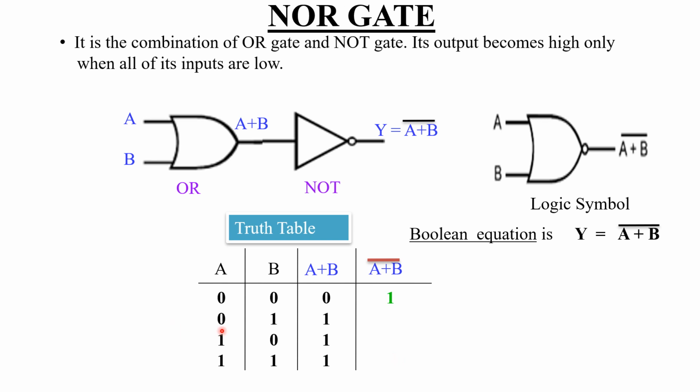Let us see. 0 or 1 is 1, 1 complement is 0. 1 or 0, A or B is 1, 1 complement is 0. 1 or 1 is 1, 1 bar is 0. So here we see that only when both the inputs are low, the NOR gate output is high. Otherwise, the output is low. So its output becomes high only when all its inputs are low.